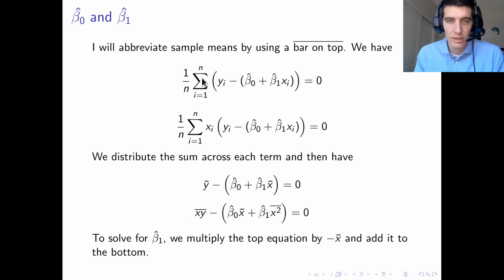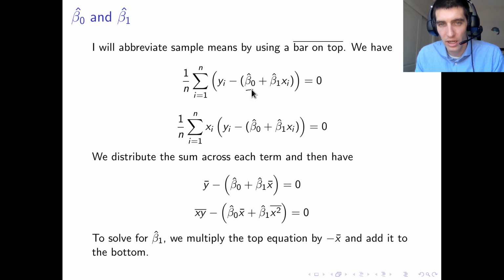Well, we're going to do a little bit of algebra. Pretty standard notation, but I'm going to abbreviate sample means using this bar on top. So I have this sample mean of this quantity here, and I can push it through the sum. I can take the sample mean of y's, the sample mean of this beta hat term, and so on.